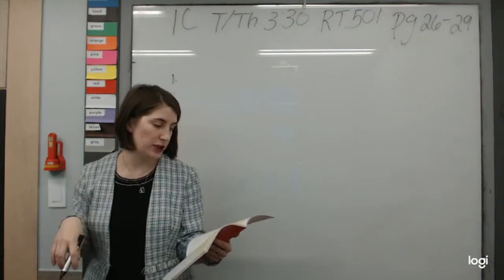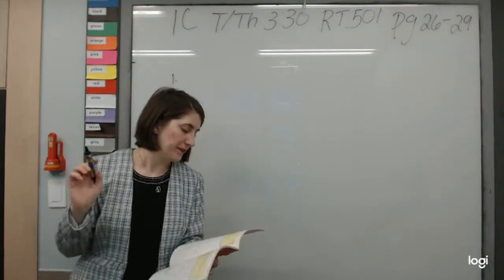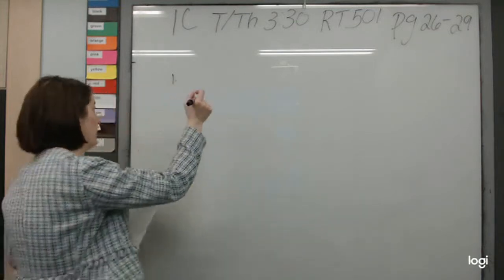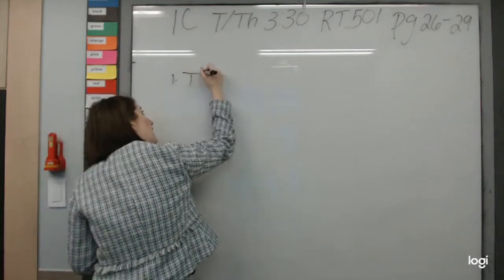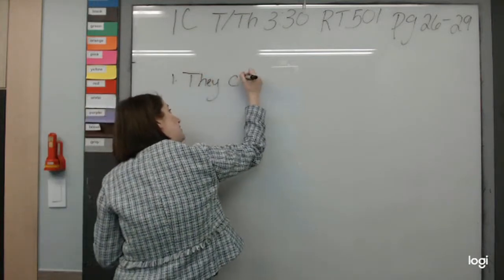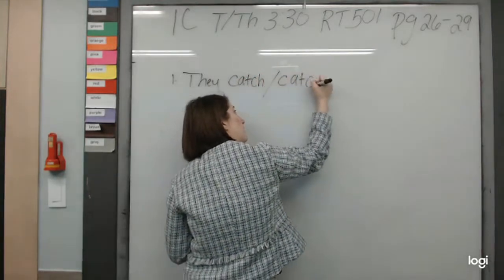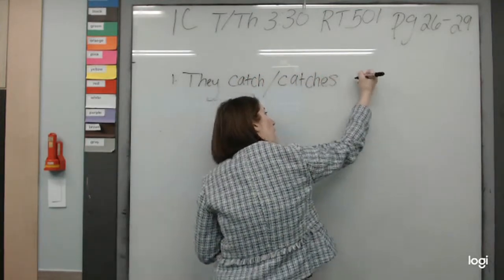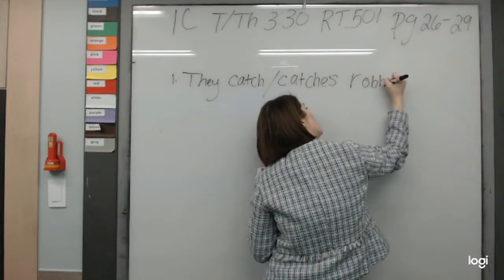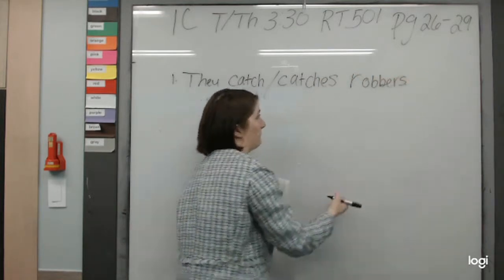All right? So, for number 1, under section 1, they want us to read the sentence and underline the correct option. So, let's put an example up here. They catch or catches robbers. All right.